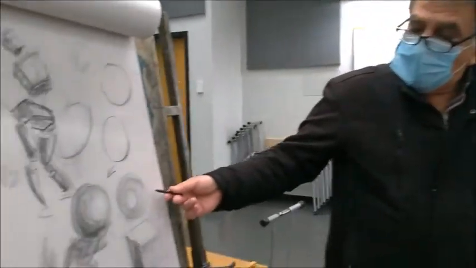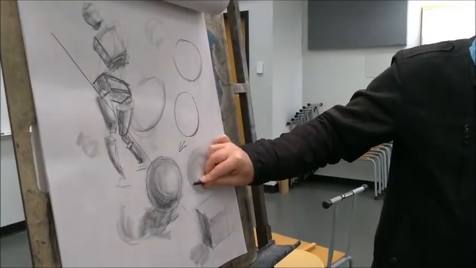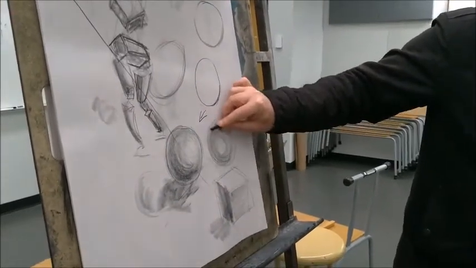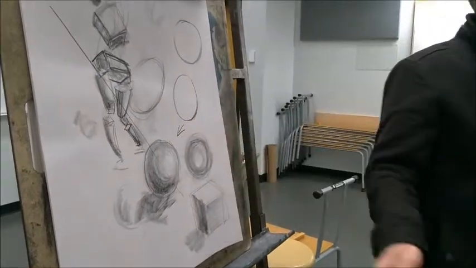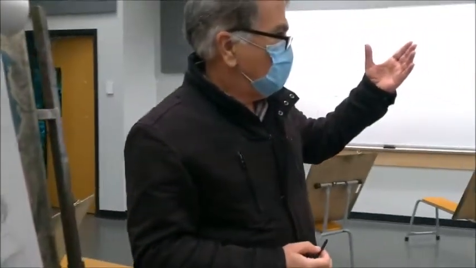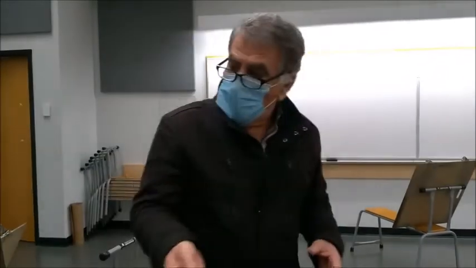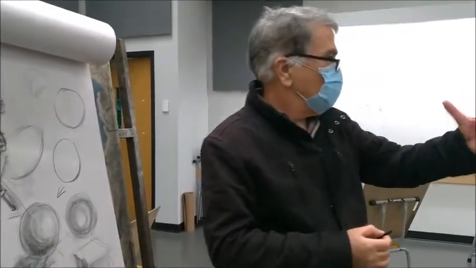But there is a more modern concept, which is indirect lighting. Indirect lighting, your highlight is here, your core is sort of like that, and you don't have reflected light, you don't have cast shadow. Why? Because you're acting like a light source.